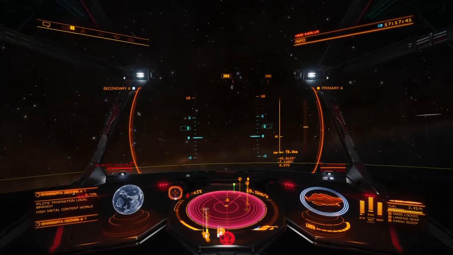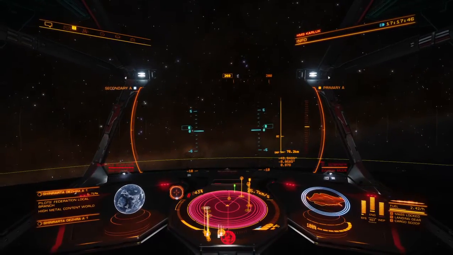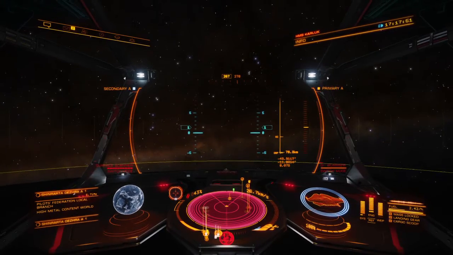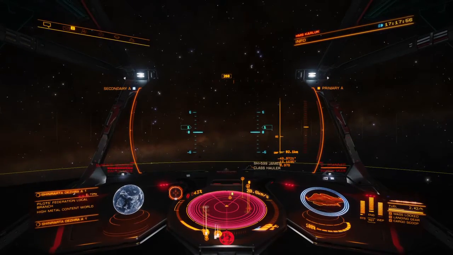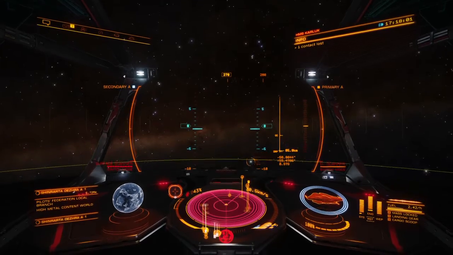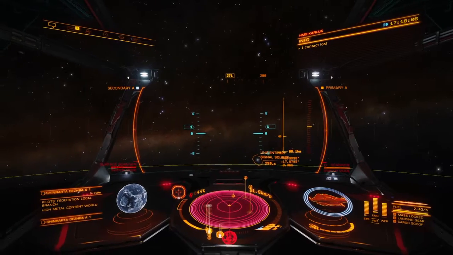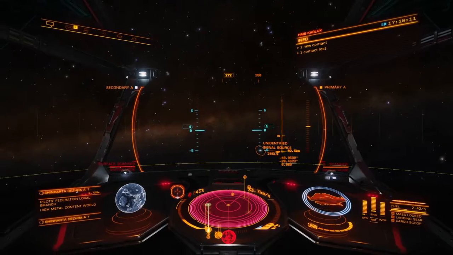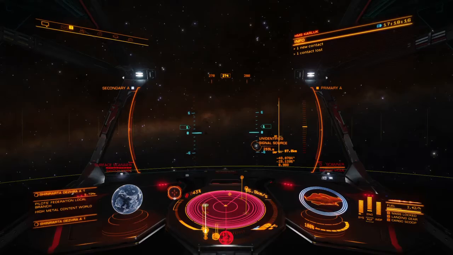I just noticed I was really getting close to my cruise height there, so I just wanted to gain some altitude. Alright. Of course, the higher you are, the faster you're going to go.